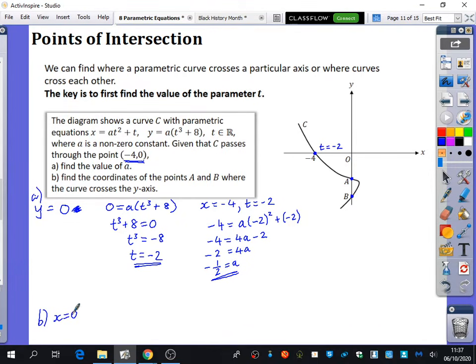So I'm going to go back to this equation and try and find out some more information. So I get that 0 equals, well, a is minus a half, so it is minus a half t squared plus t. How many solutions will there be to that equation? 2. And those 2 are going to correspond to these 2 here. So I would factorize this.